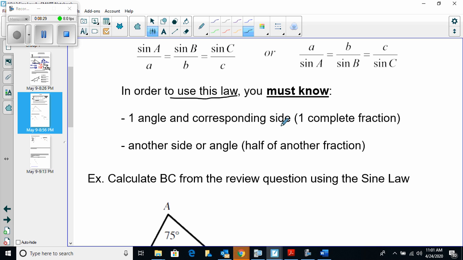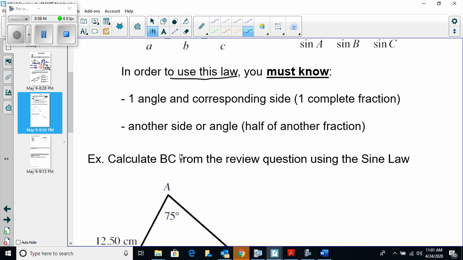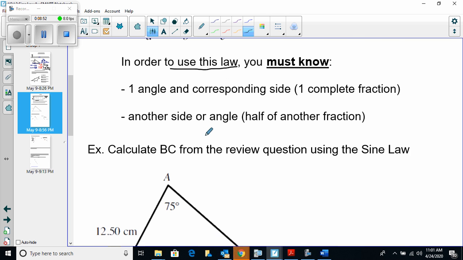So you have to know one complete fraction, either sine A over a, or sine B over b, or sine C over c, or the inverse of them. And then, in order to use this, you have to know either the side or the angle of the other fraction.